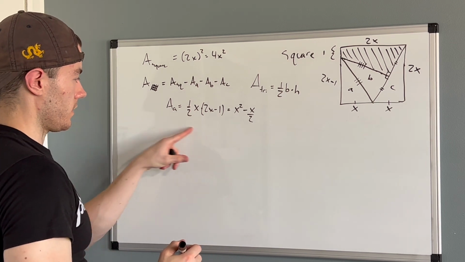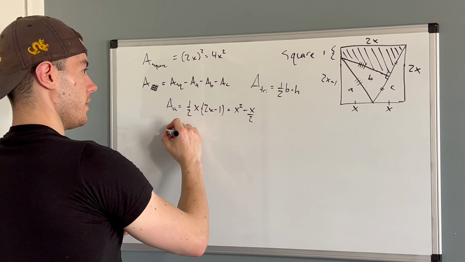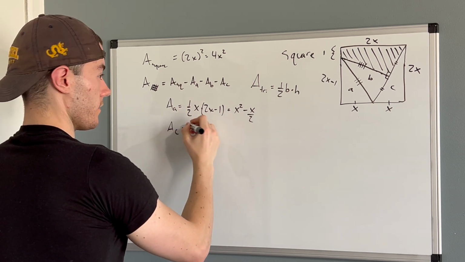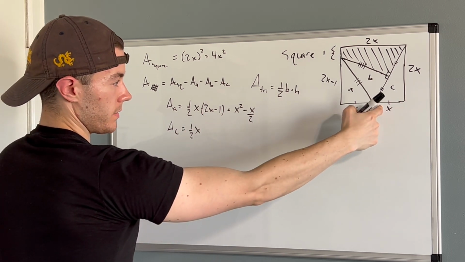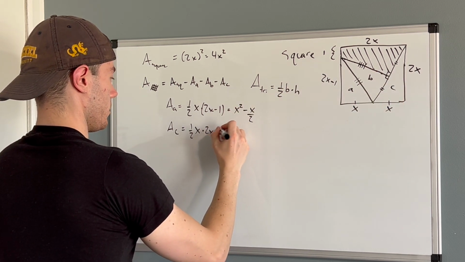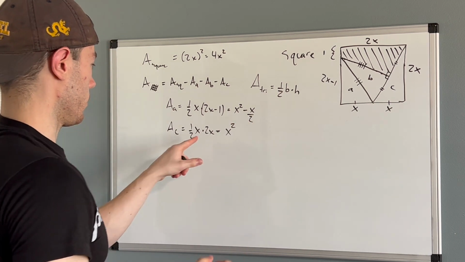Okay, that's the area of this triangle. The area of B, actually let's do the area of C first. The area of C is 1/2 times base x times height 2x. So it is x squared. Area of C is equal to x squared.